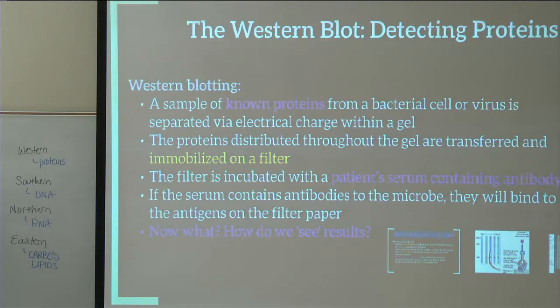So Western blotting is not the easiest test to run. There are a lot of different steps with it. When we look at this, the first thing you need to do is separate out those proteins.